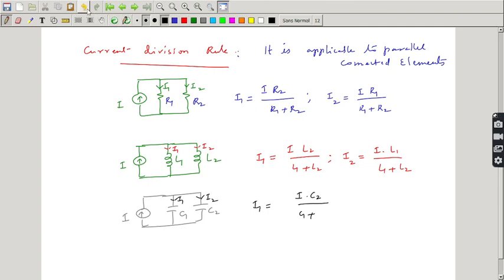Keep in mind, in case of capacitance, the current is I1 equals I times C1 divided by C1 plus C2, and I2 equals I times C2 divided by C1 plus C2. The same capacitance you have to consider.